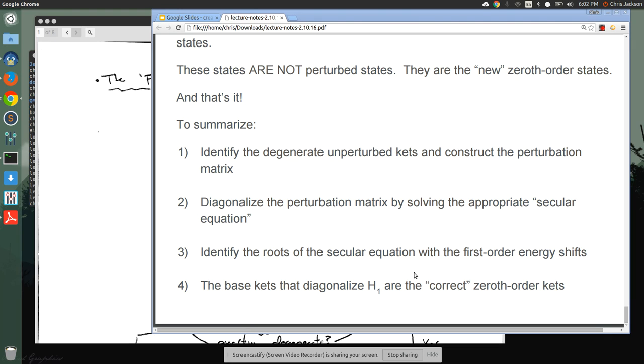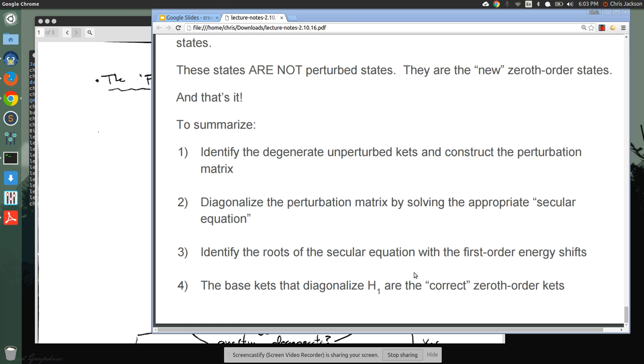It turns out that the roots of that secular equation, like we showed last time, are actually the first order energy shifts, right? So they're the values that you'll add to the zeroth order energy, the energy that all these states share, and depending on how many distinct eigenvalues you have, that degenerate state is going to split into some non-degenerate states.